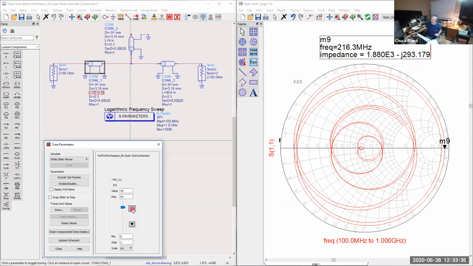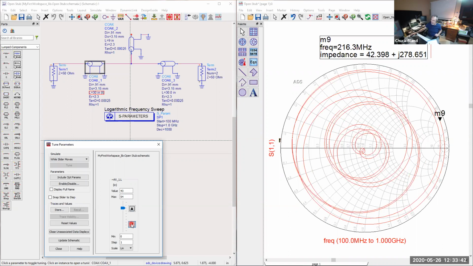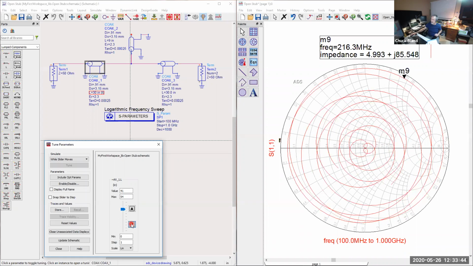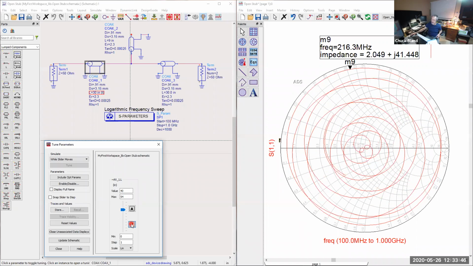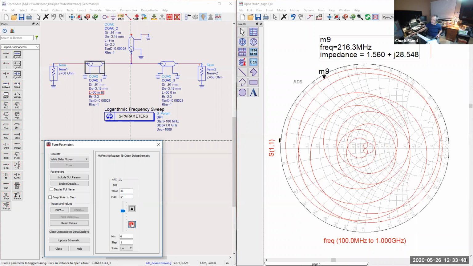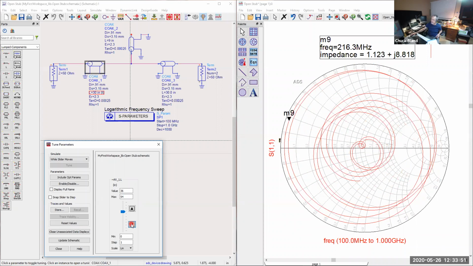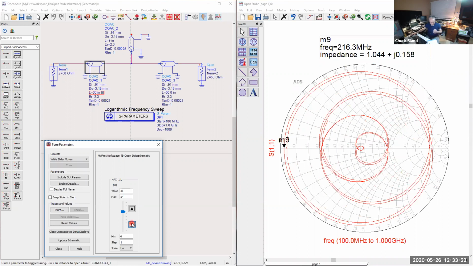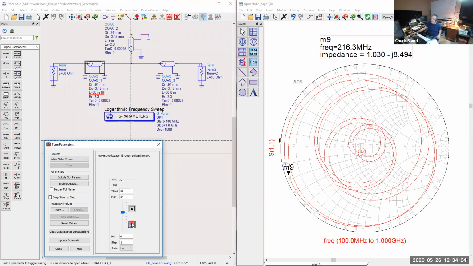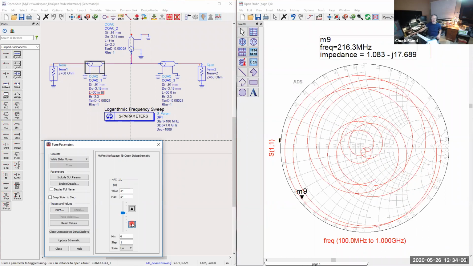If we make C1 shorter and we start from the odd side and we go back, we're just backtracking on ourselves, right? And we're still in this inductive range. So far, so good. If we continue to make C1 shorter, and we go from this even point to the odd point, now we're going to be capacitive.